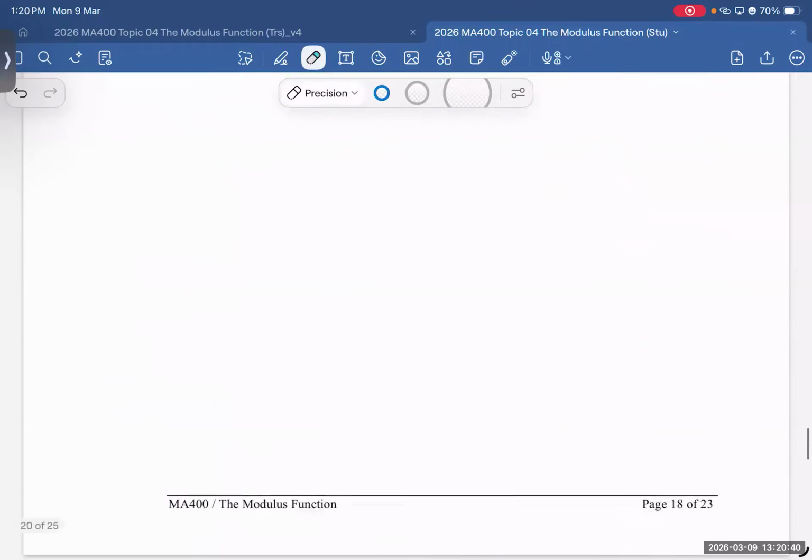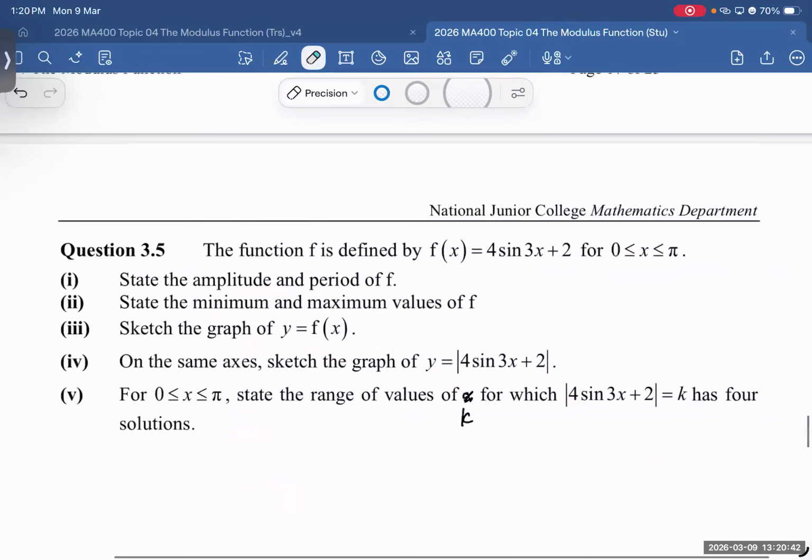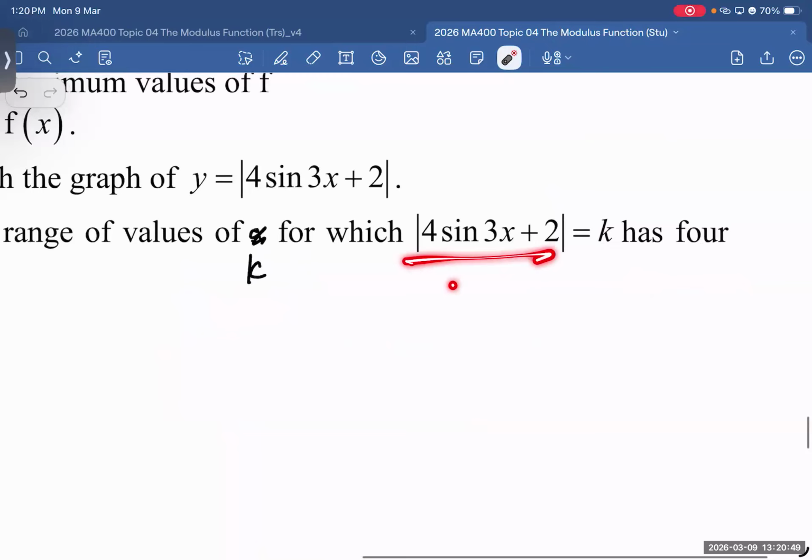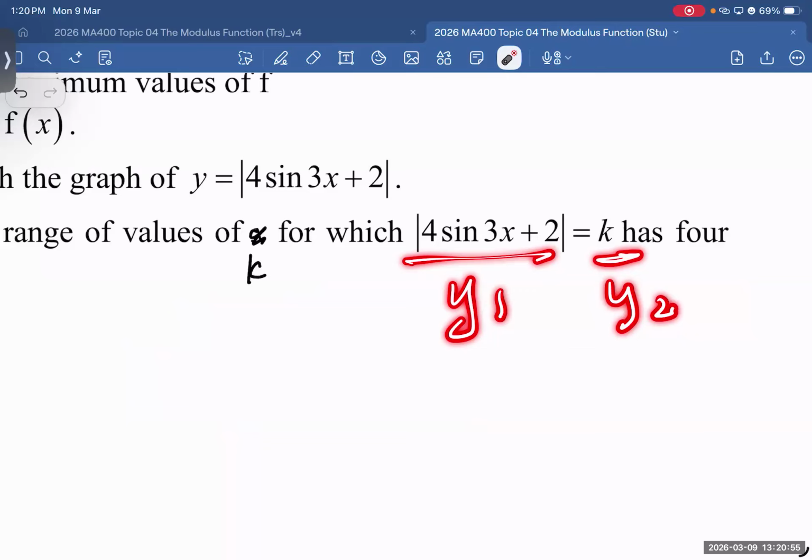For 3.5 part 5, I will show you the graph. For it to have 4 solutions, you think about this as the first graph and this as the second graph. So 4 solutions means how many times will they intersect?